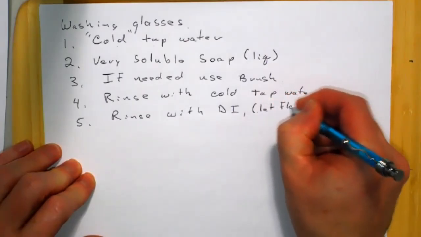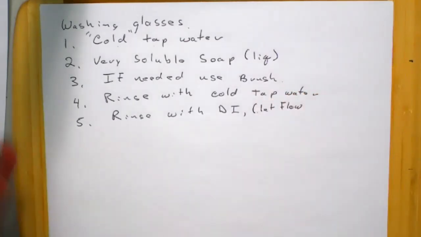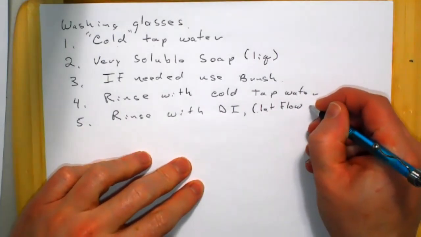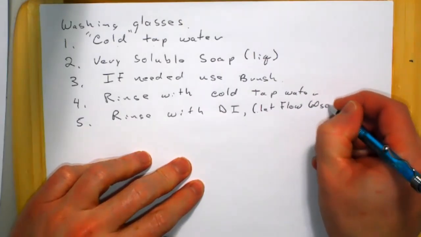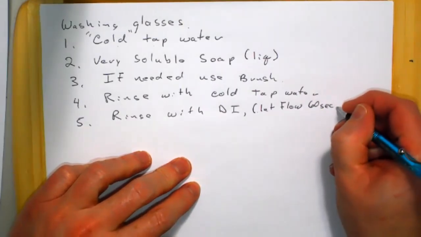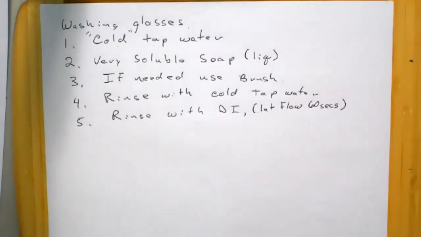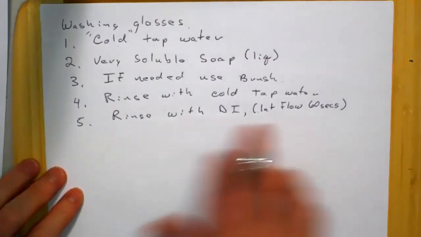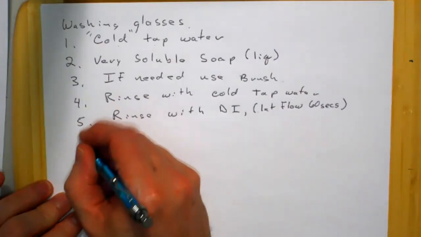We're not the first lab, we're the second section, so the other lab should kind of get the DI taps going, but we let them flow 60 seconds at the start of each lab, so we get rid of dissolved gases in the system and we get good clean DI. We're not done yet, you know.